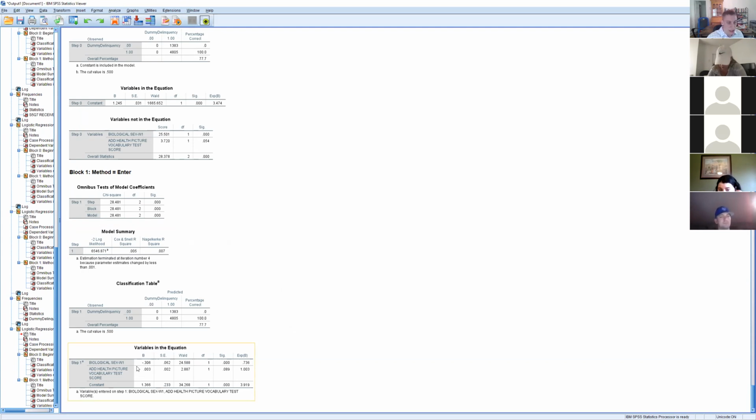Okay, so let's look at the effect of biological sex on the odds of being delinquent. That's negative 0.306. That's on the log odds.